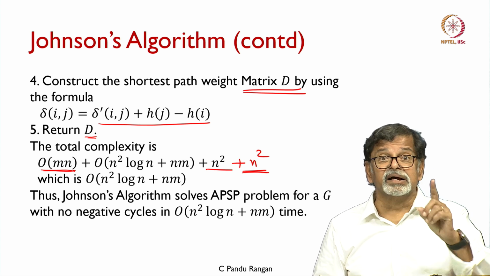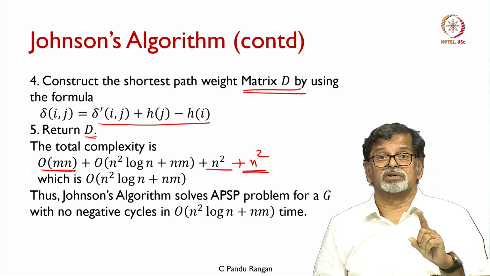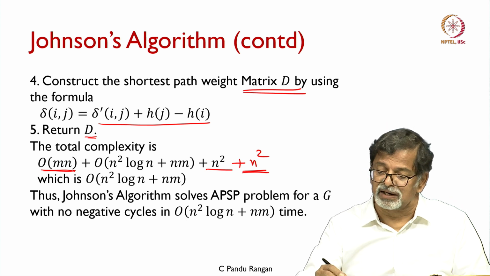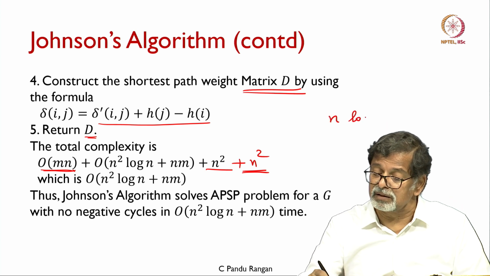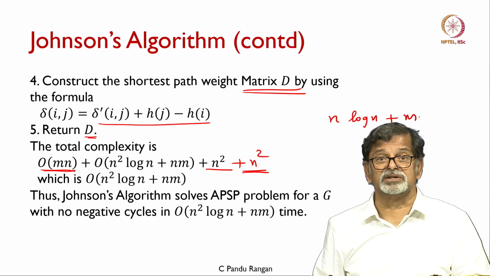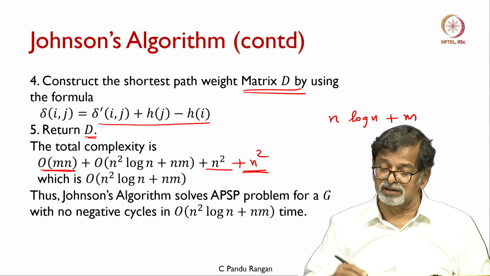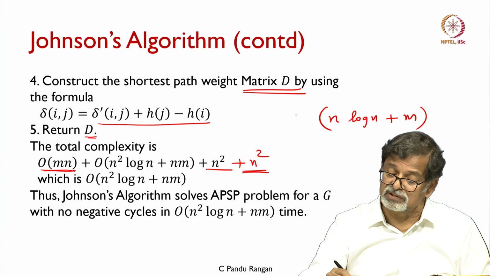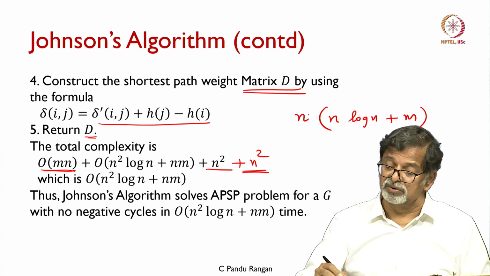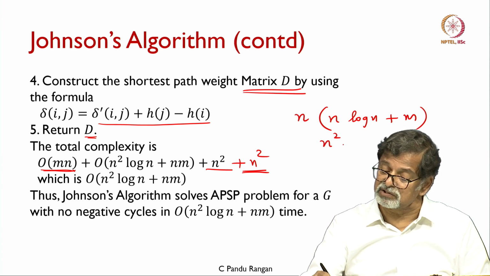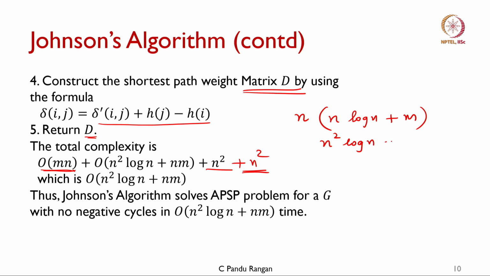A single use or application of Dijkstra's algorithm takes n log n plus m time. N times Dijkstra becomes n square log n plus n m, and that is what is written here.